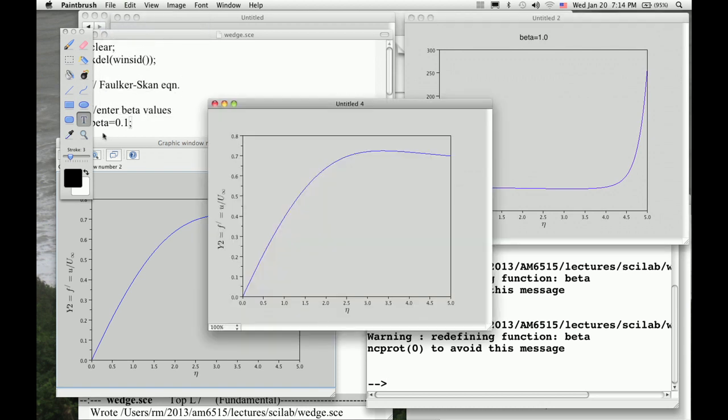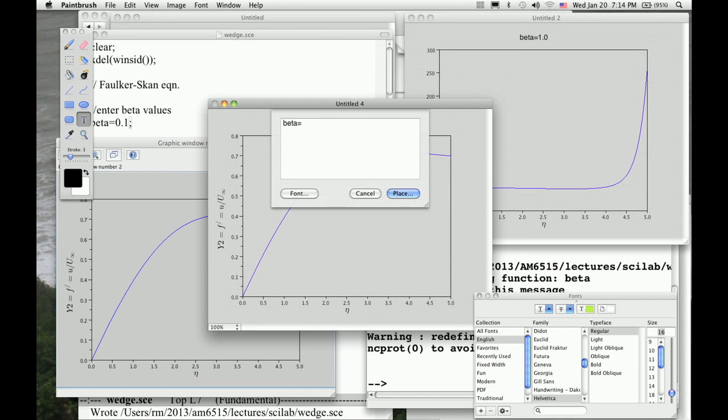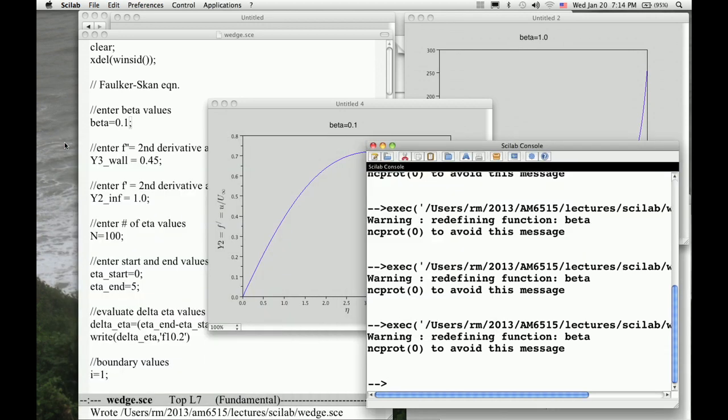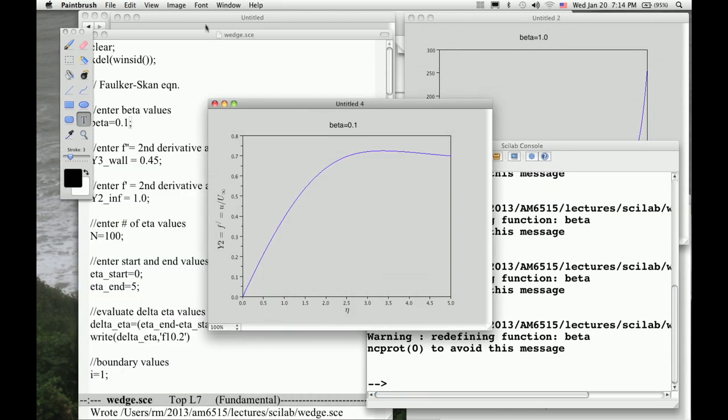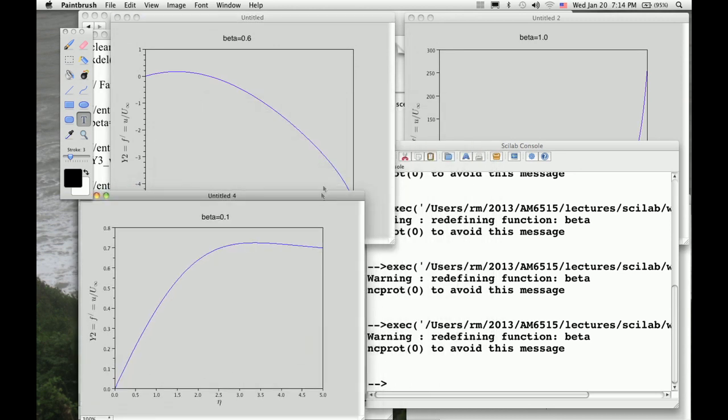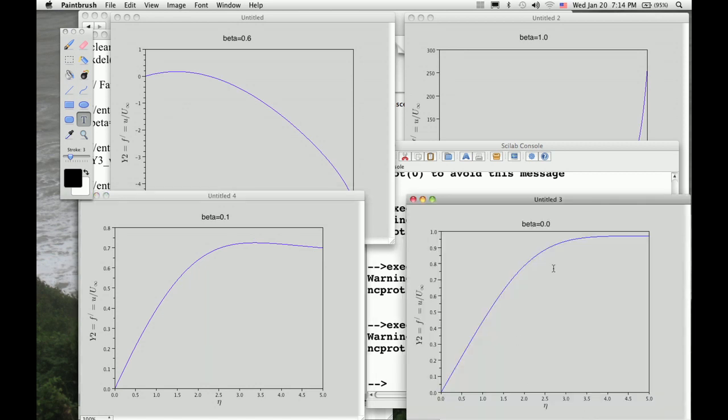So here beta is equal to 0.1. Okay, now if you see, that's crazy, the beta 1. So for beta 0, when I went up to eta equal to 5, it's nearly 1, free stream.